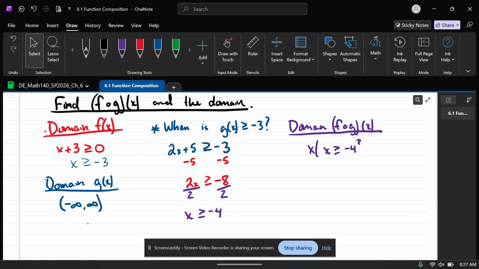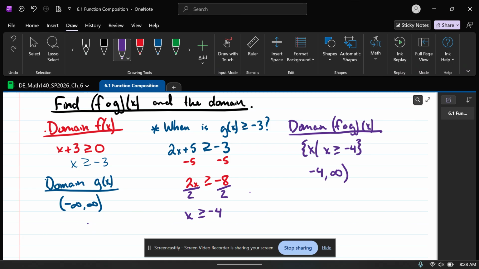That's the set notation. What's the interval notation for that? All right, so because it's greater than or equal to, we're starting at -4 and going up to positive infinity.